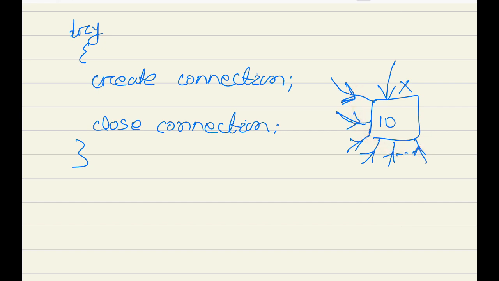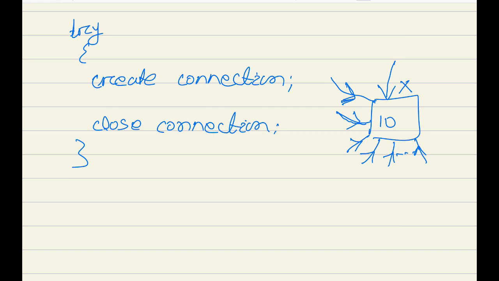So in this scenario we need to close the connection, or close the communication channel, once we finish our work. Or even if we have not finished our work, and some exception occurs before that, then also it is required to close the connection.